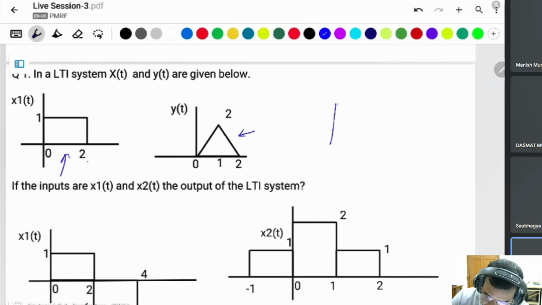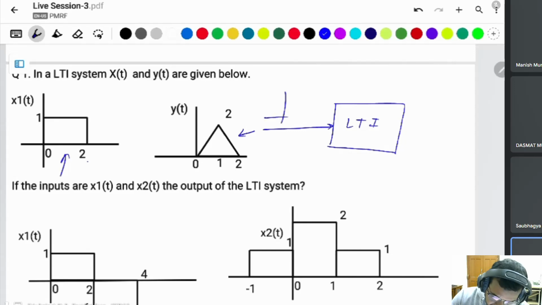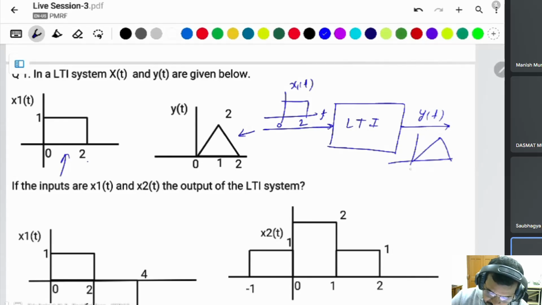It means there is an LTI system, the input of this one is 0 to 2, x(t), and the output of this one has something like that: 0, 1, 2, this one 2.